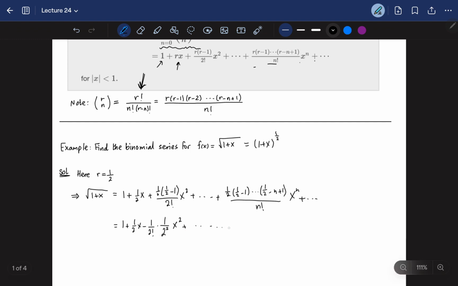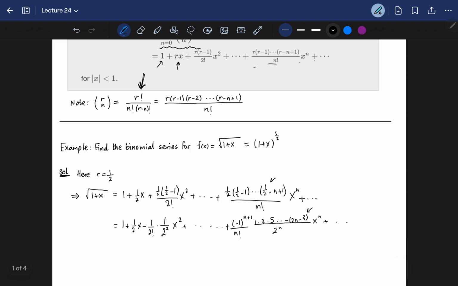And we go up to infinity. Once you simplify, this is going to be 1 times 3 times 5 up to 2n minus 3 over 2 to the n, x to the n plus 1. These are all of the numerators once you subtract from here.